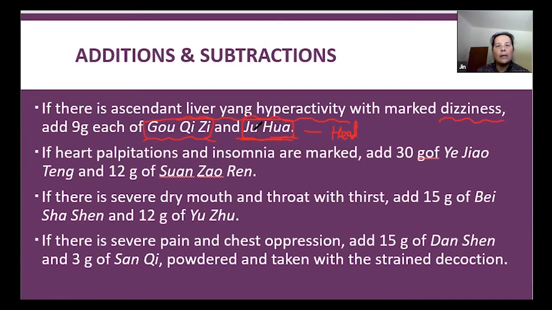So for people with heart disorder and dizziness, we can add 枸杞子 and 菊花.